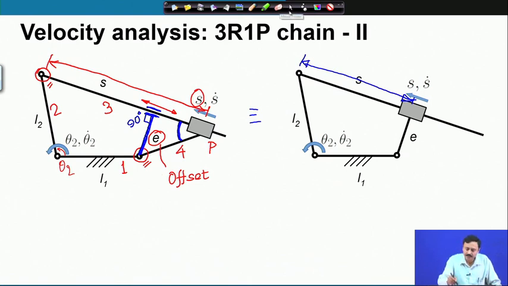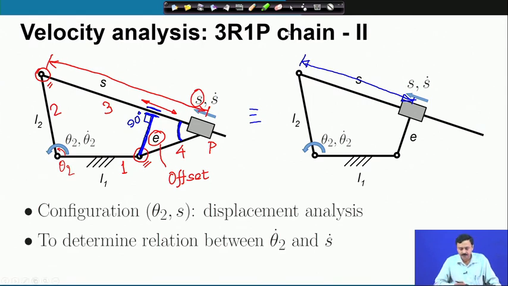So, what is the velocity analysis problem? We are specified the configuration of the mechanism.